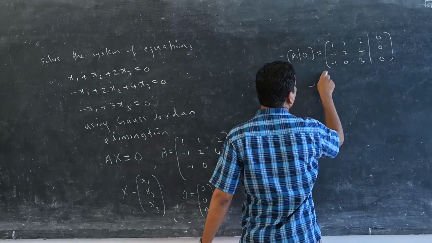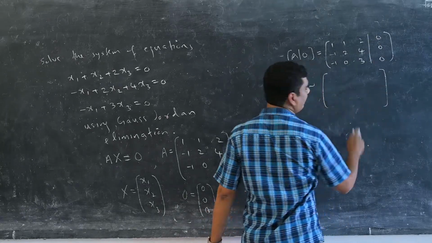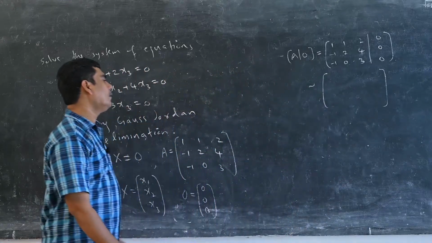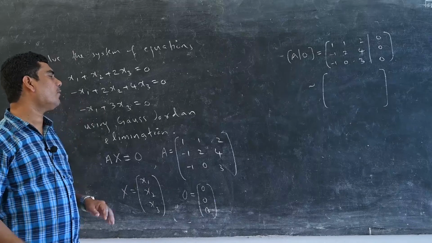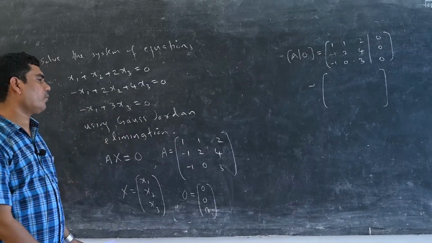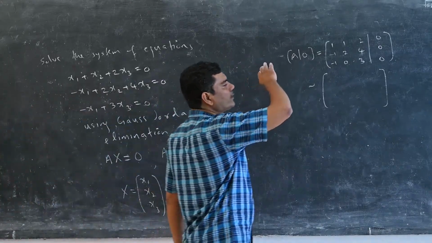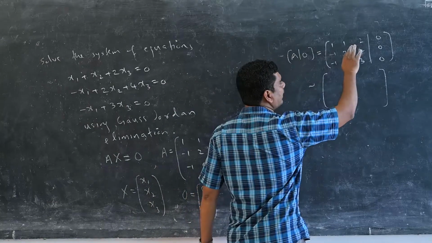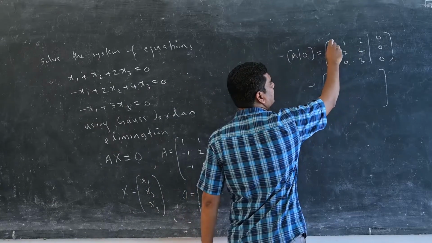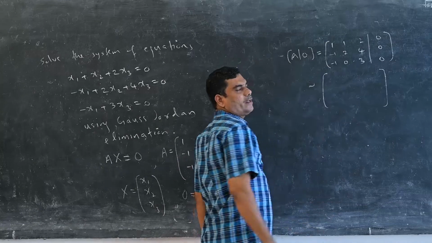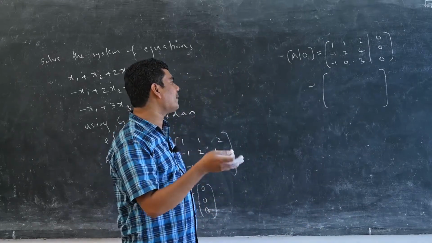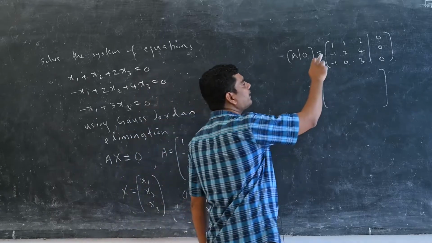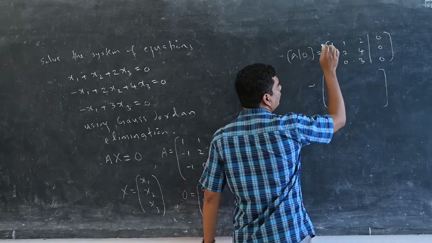We find the row reduced echelon form of this augmented matrix. For that, we take the first row, take the first non-zero element. Here it is already 1. So make the other elements in that column zeros. So we have to make this minus 1 zero, this minus 1 zero, using this one.